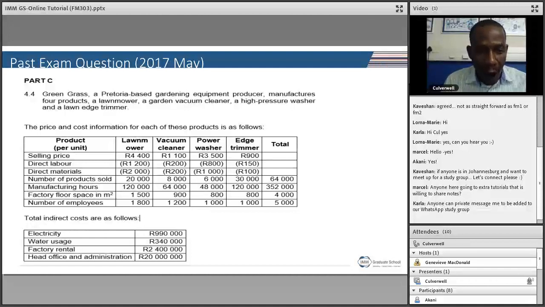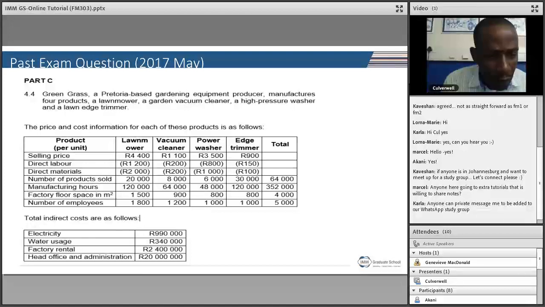So how much did it cost us towards water? 340,000 rands. How many employees did we have in the company? 5,000. So I'll say 340,000 rands divided by 5,000 to give me 68 rands. This is 68 rand that each employee has used towards water.